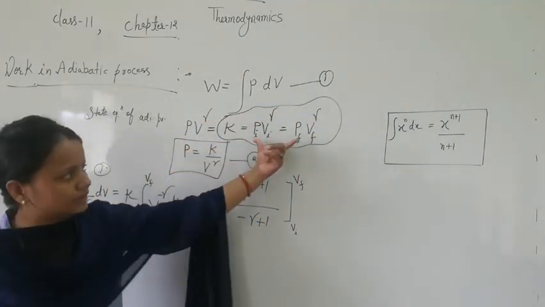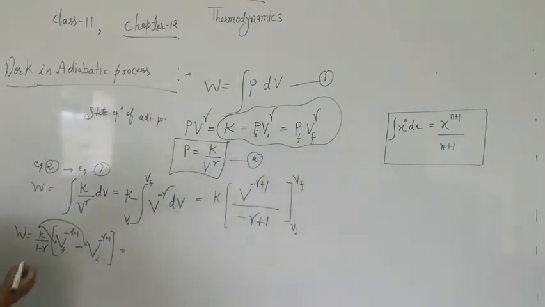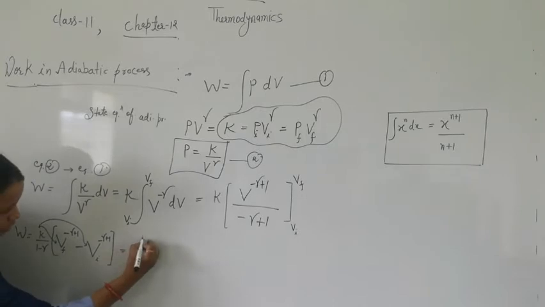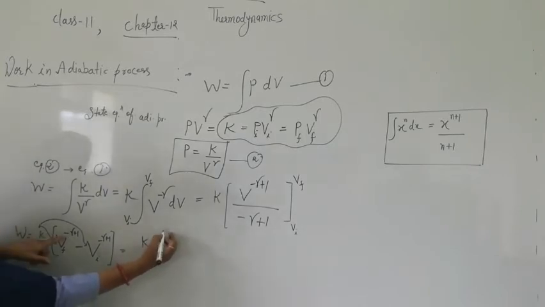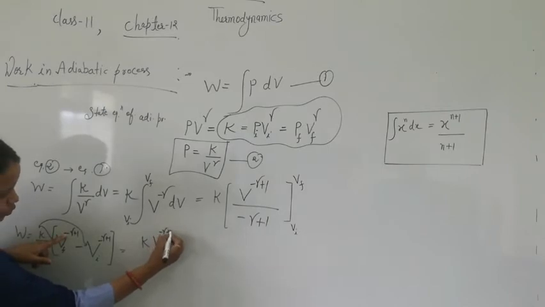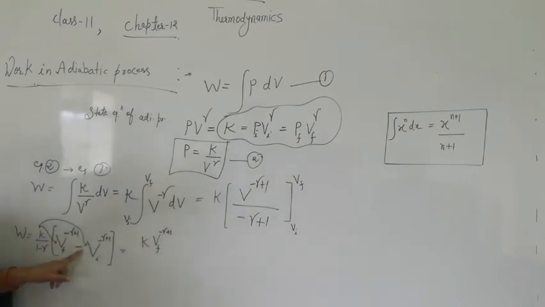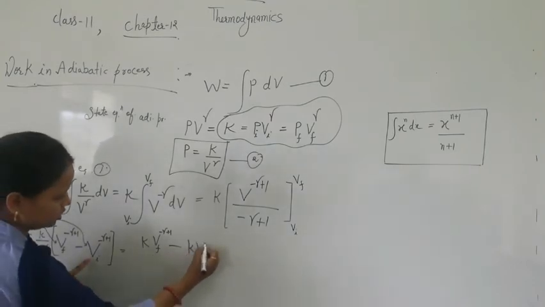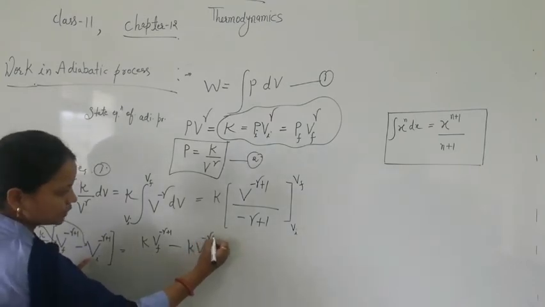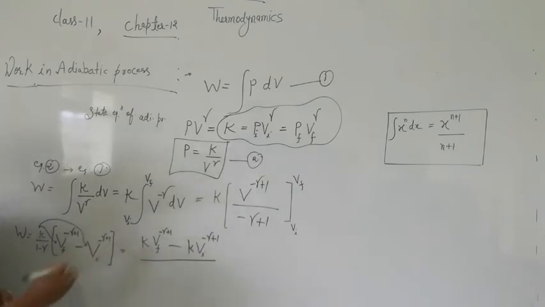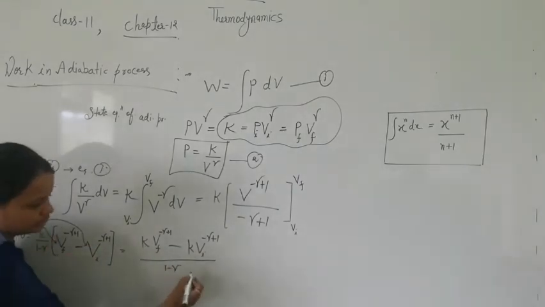We use this concept here: K can multiply with the final term, K Vf raised to the power minus gamma plus 1, again with a negative sign. K also multiplies with the initial term, minus gamma plus 1, divided by 1 minus gamma, which is constant.